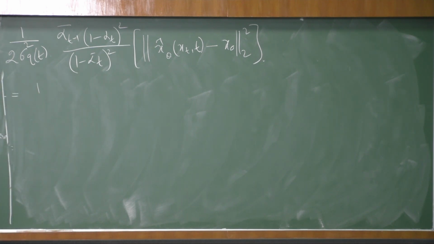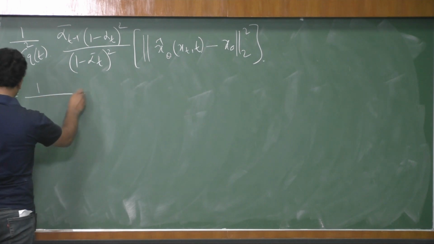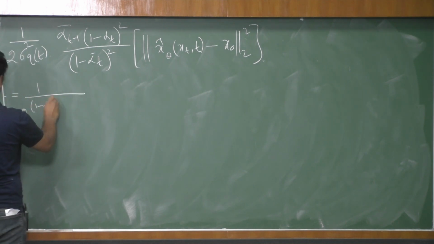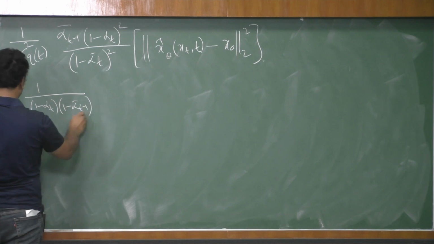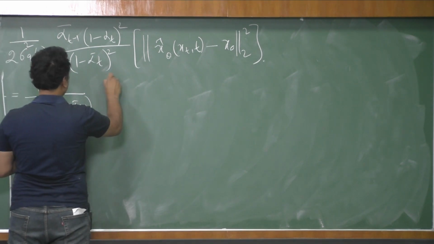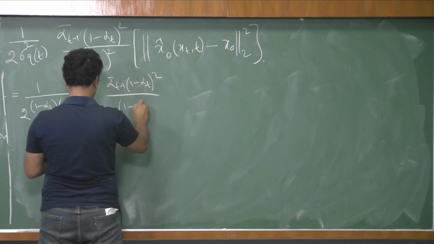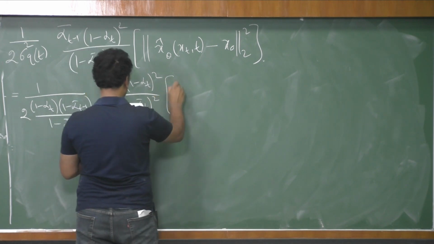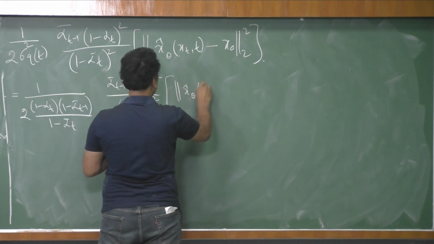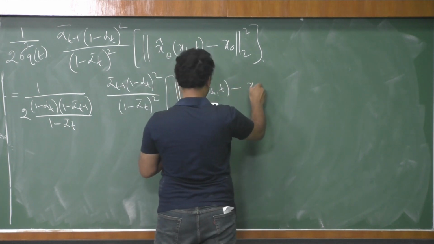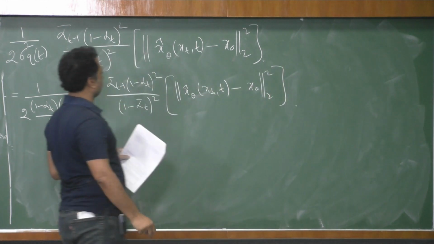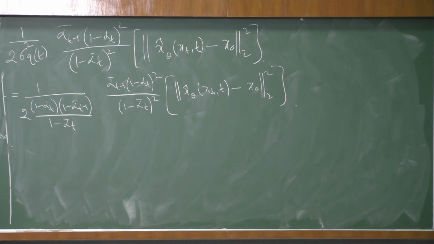That term I will just substitute here. So this is 1 by 2 times 1 minus alpha t, 1 minus alpha bar t minus 1, divided by alpha bar t, and then we have alpha bar t minus 1 minus alpha t squared over 1 minus alpha bar t squared, and then x hat theta of xt, t minus x naught. So we have just substituted the sigma q square t term there, and some cancellations we can see already.